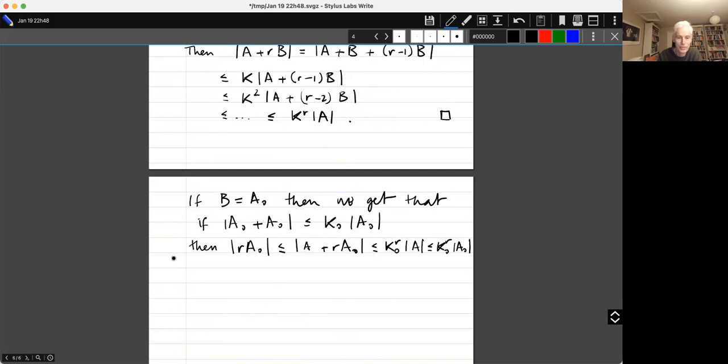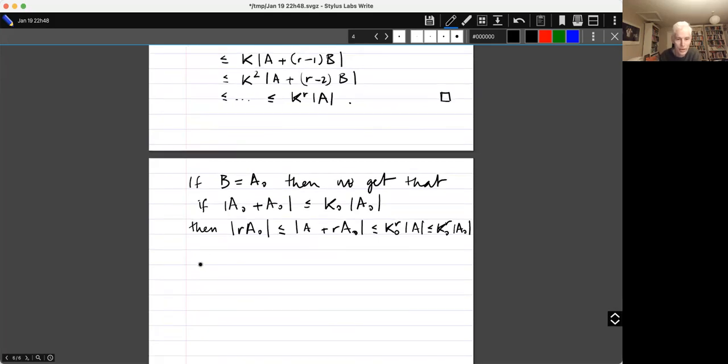But before we do that, we need an extra tool, which is called Ruzsa's triangle inequality. I'm going to state something that doesn't look at all like a triangle inequality, and I'll actually give the proof.